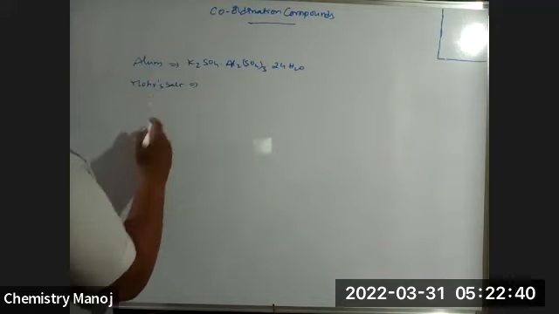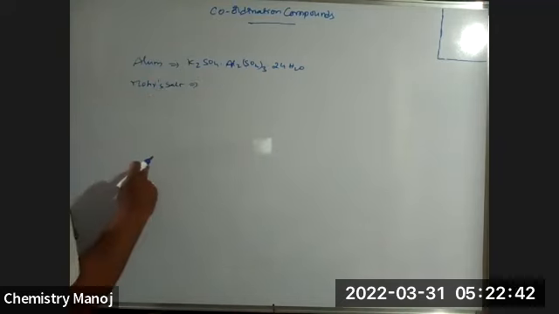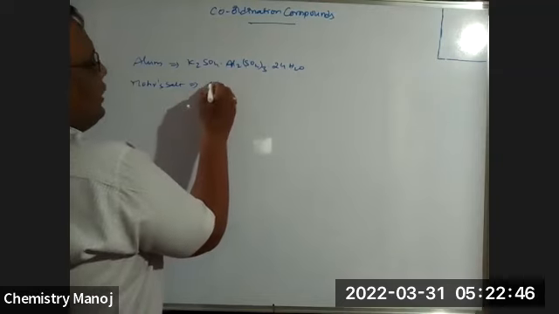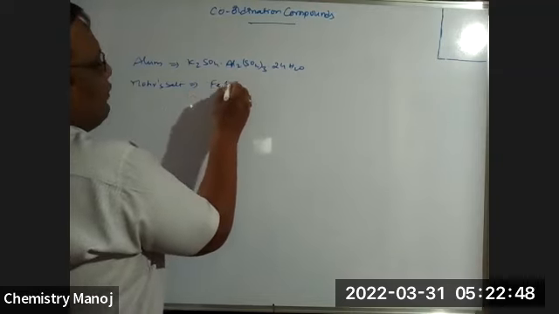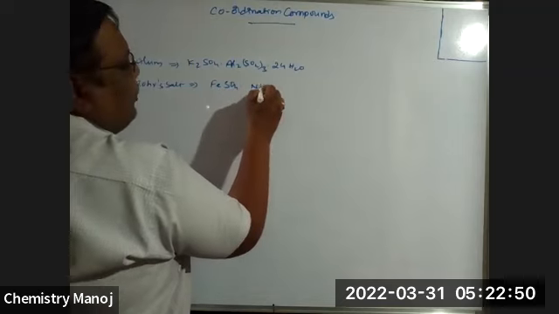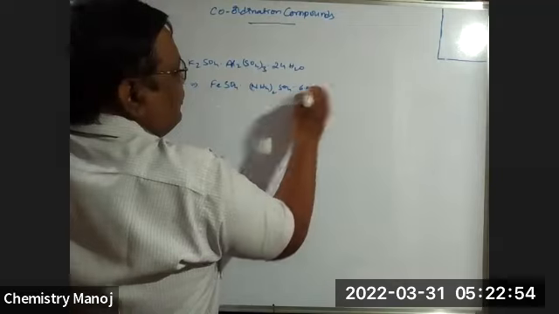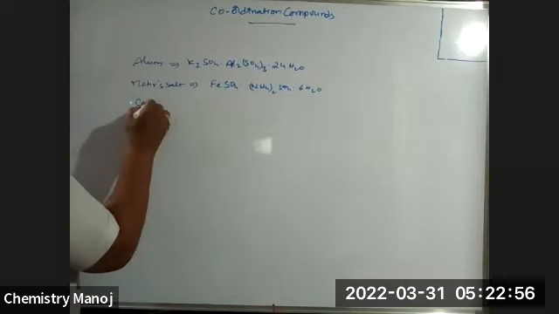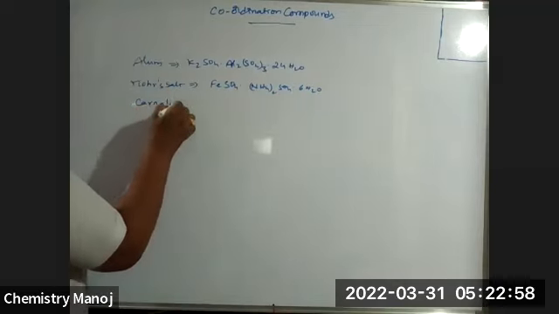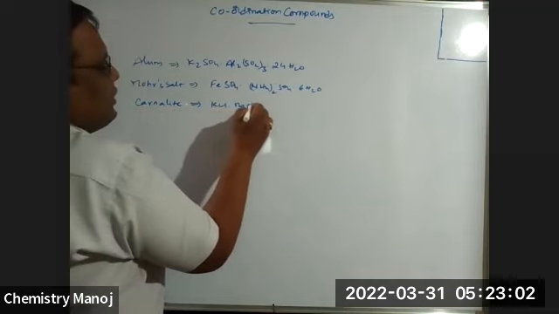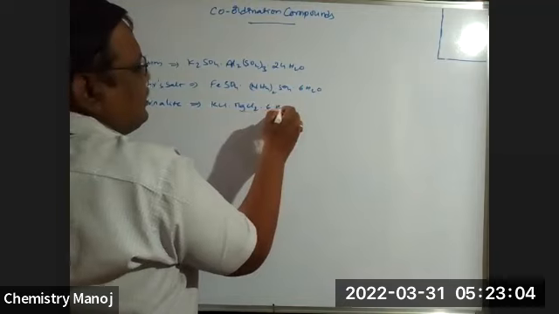In practical, the salt name you well know: FeSO4, ammonium sulfate, 6H2O. Carbonate. Nothing but KCl, MgCl2, 6H2O.